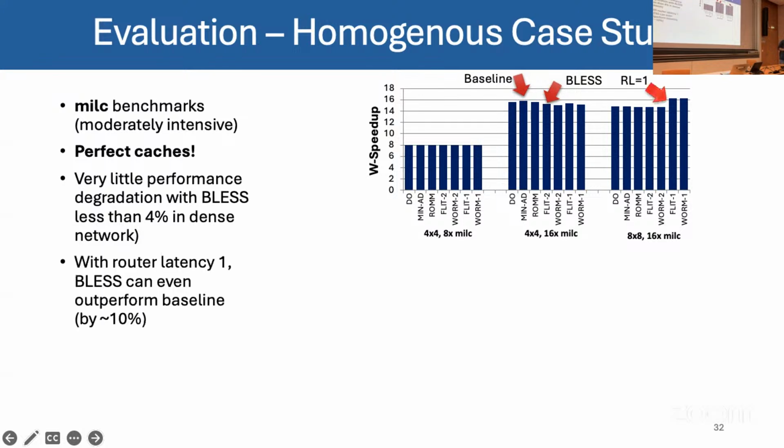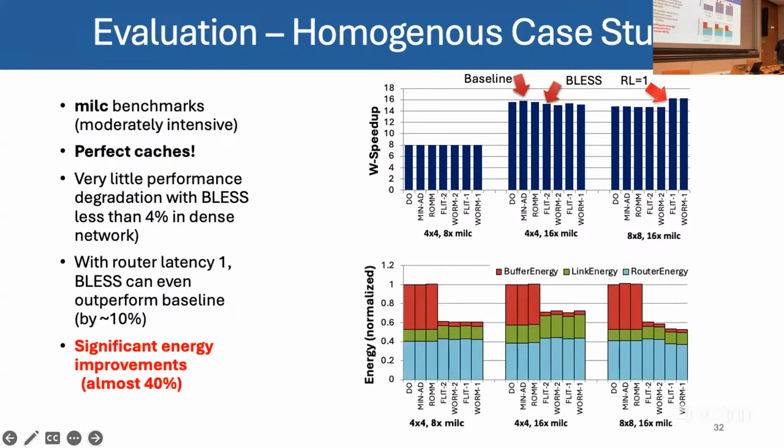Yeah, and with router latency of 1, BLAS can even outperform the baseline in some cases, especially if the network configuration is sparse. But then we can see that there's actually a significant energy improvement in the energy consumption of the on-chip network, almost 40% in those cases.